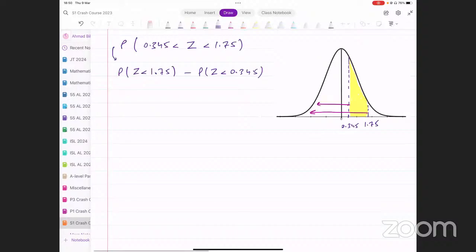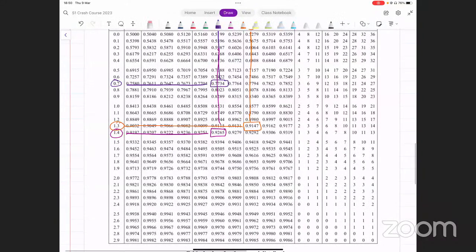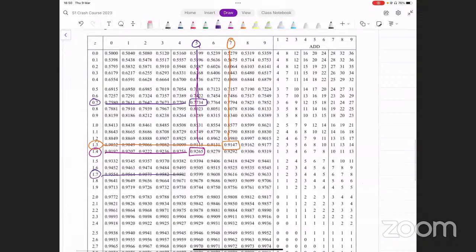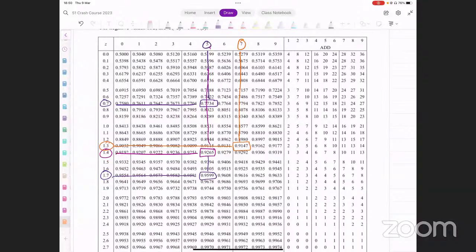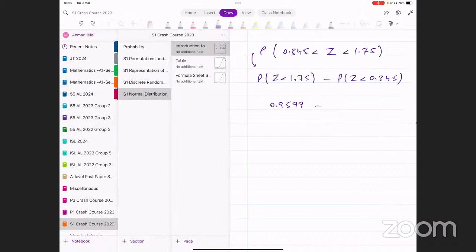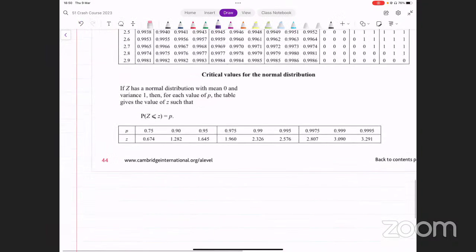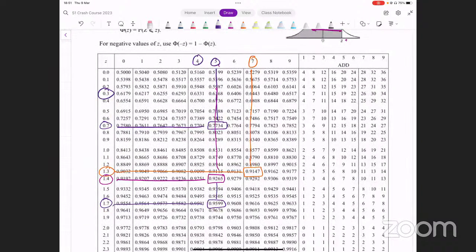So let's see what value you have at 1.75. 1.75 would give us 1.7 here and then 5 here. This is 0.9599. This is the first probability, 0.9599 from the table. And then the other one is 0.345. Let's figure that out. 0.3 and then 4.